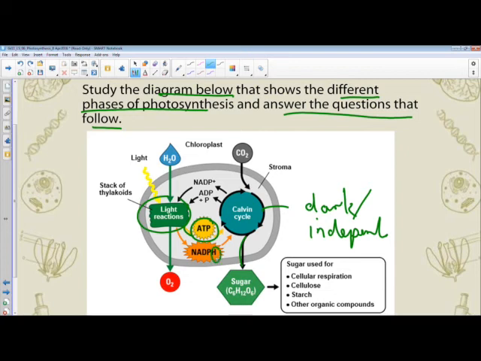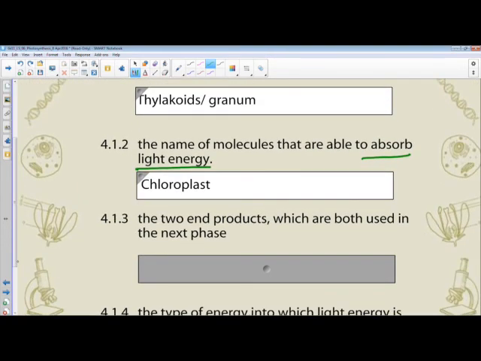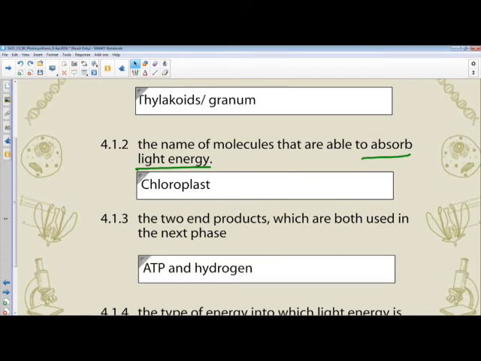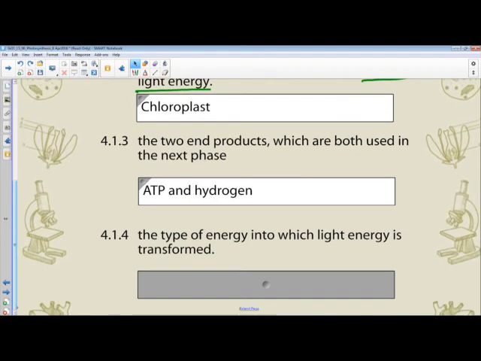So it's NADPH and ATP that go into the light independent phase. Let's click on the solution for you guys to have a look at. So it's ATP and the hydrogen, which combines with, as I said, the NADP coenzyme.